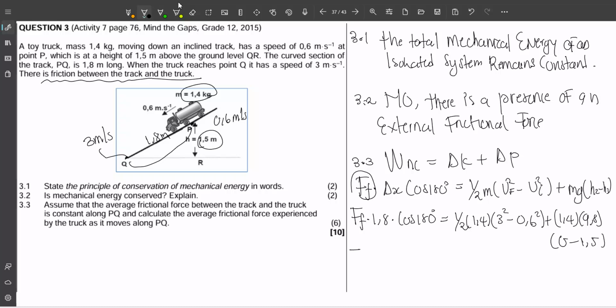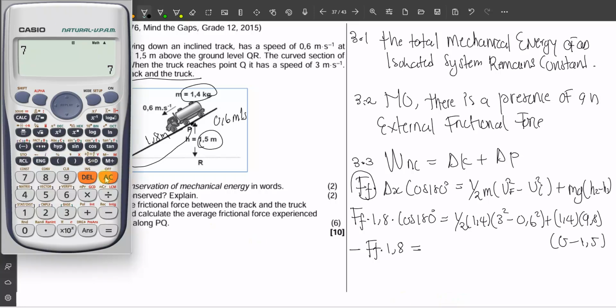So negative the frictional force multiplied by 1.8 equals 0.5 into 1.4 into 3 squared, or 9, minus 0.6 squared.